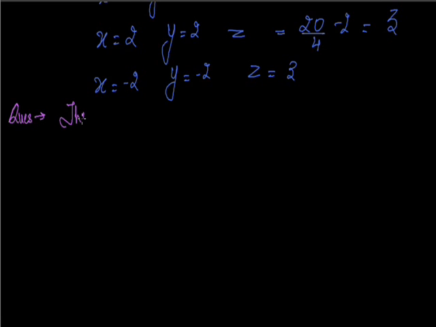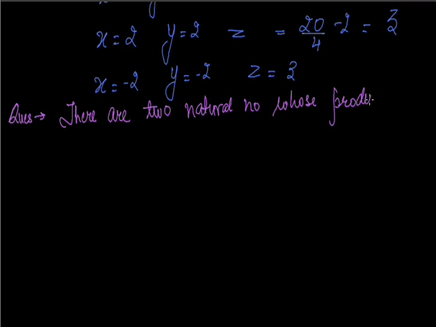There are two natural numbers whose product is 192.